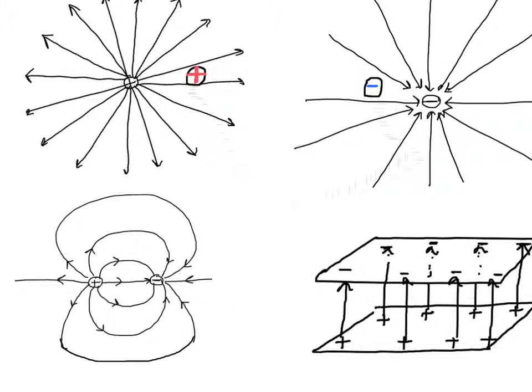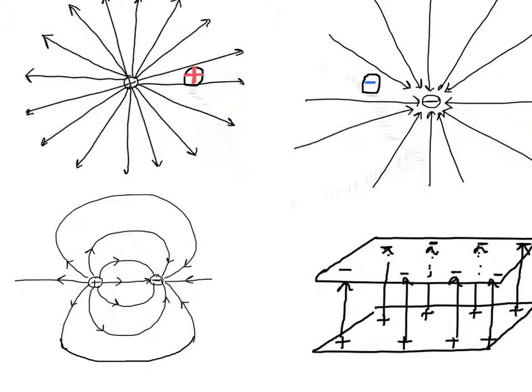We see the field lines. We know the positive charge will have a force on it in the direction of the field lines, and if it's free to move, it'll move along the direction of the field lines. A negative charge is going to move opposite the direction of the field lines.